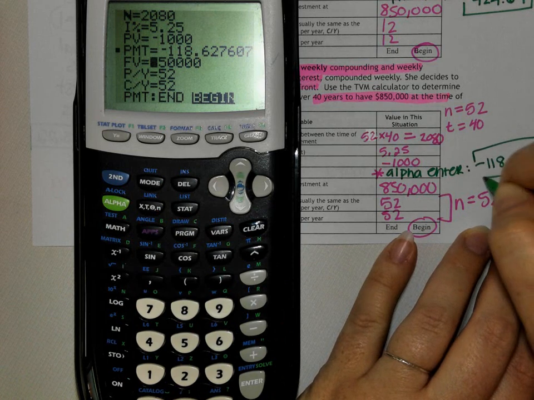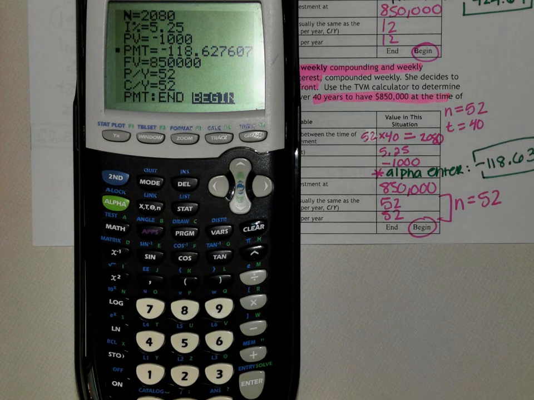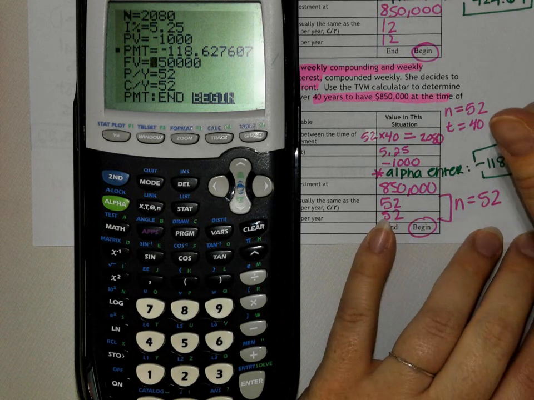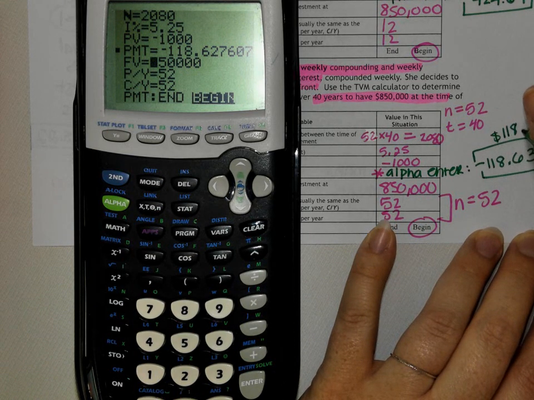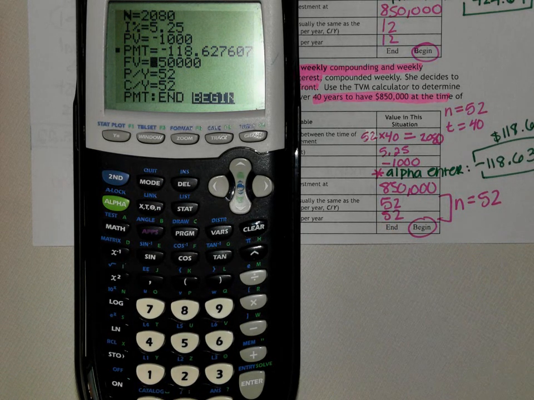So we get negative 118.63, which means she would need to make deposits of $118.63 weekly. So weekly she is making that into that savings account. All right. Do y'all have any questions about how to do those kinds of problems?